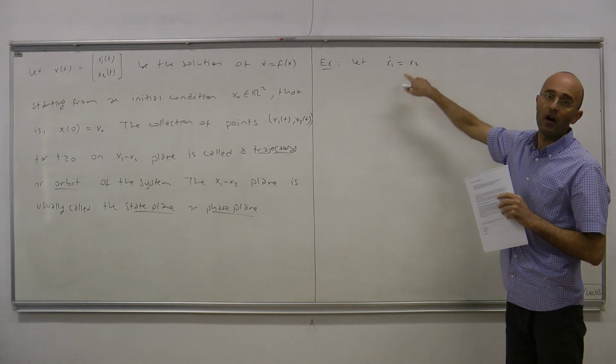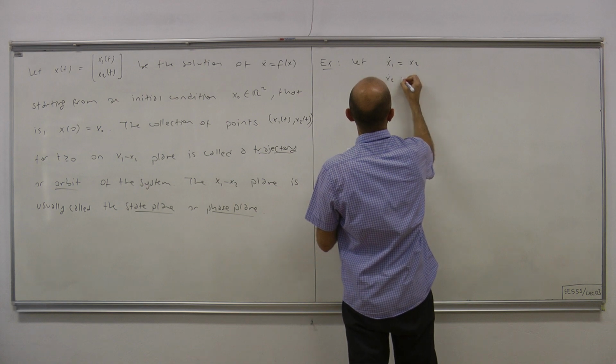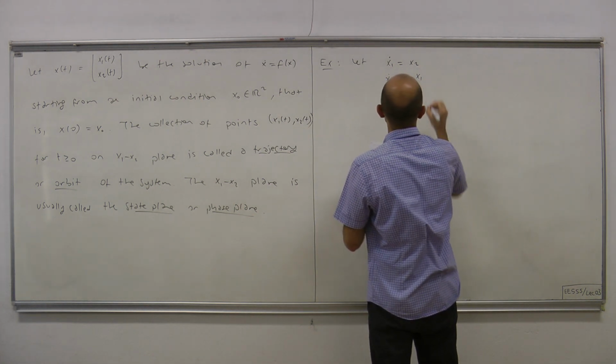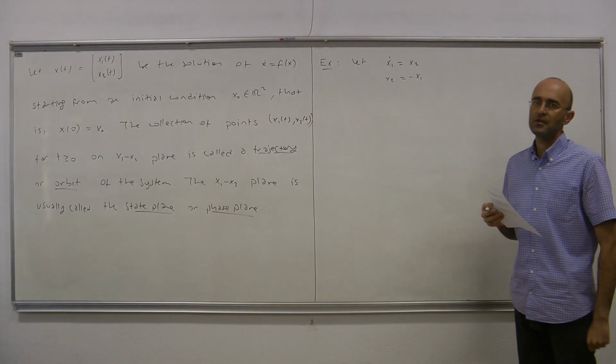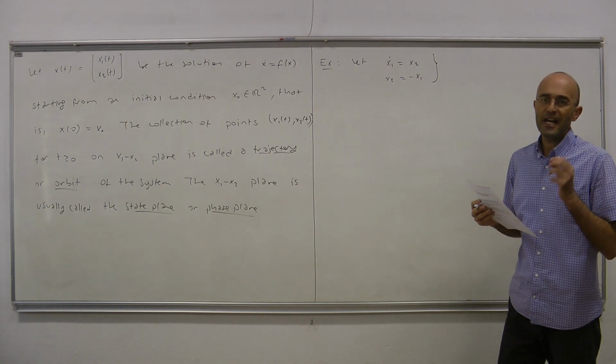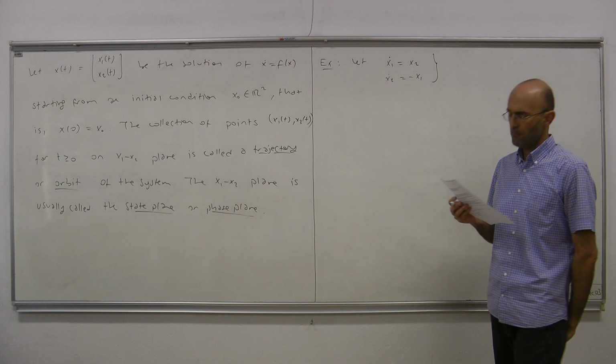So this x2 is our f1 of x, and x2 dot equals f2 of x, and f2 of x is minus x1. Note that this is a second order linear system. Therefore, we can write it as x dot equals A x, where A is the 2 by 2 system matrix.